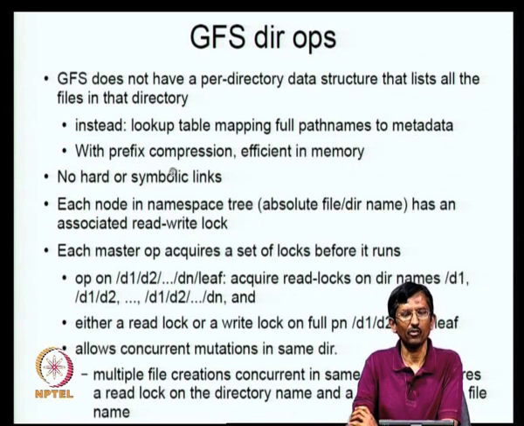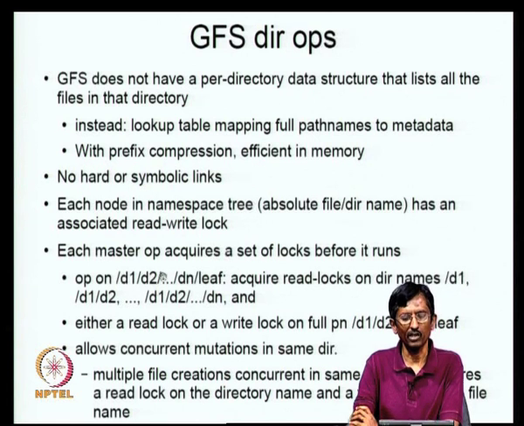It uses prefix compression to store the names. That is why it is efficient. Basically, the idea here is this: suppose you have a file d1, d2, dn, finally the leaf node. This whole thing is thought of as a single name. In a regular file system, you first go to d1, locate the directory structure corresponding to d1, and then search for d2 in it.